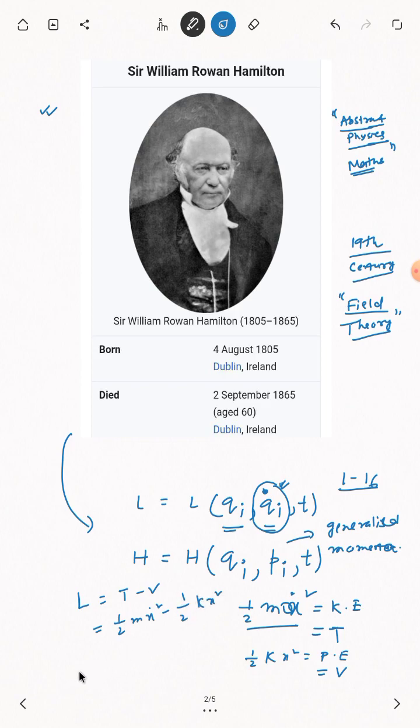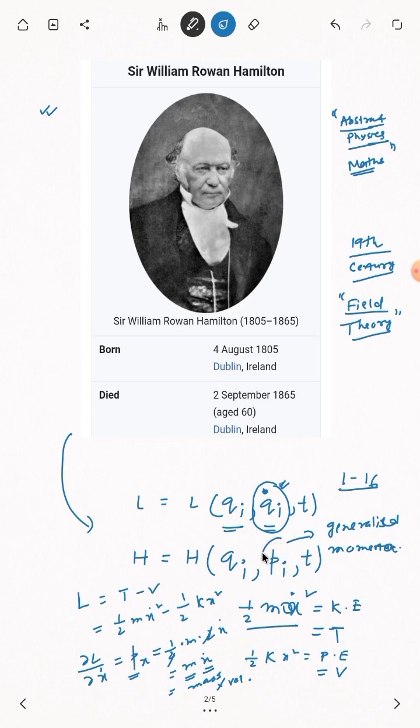And if we now take the partial derivative of L with respect to x dot, we have px. This px is generalized momentum along x-axis, and that will simply be half into m into 2 x dot. 2 will be cancelled, so m into x dot. This is obviously mass into velocity, and this is called momentum.